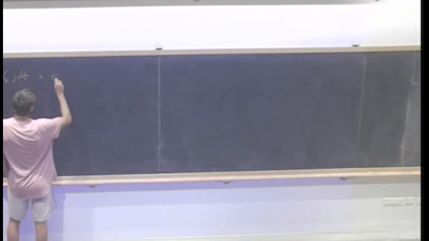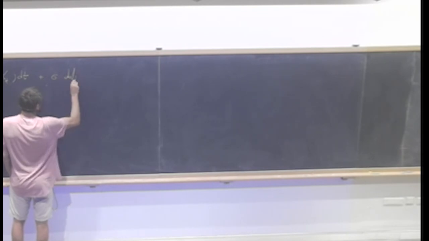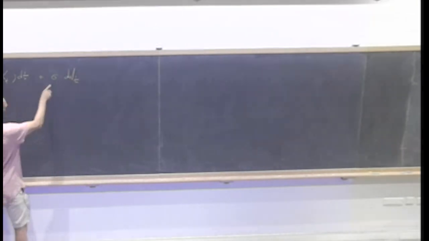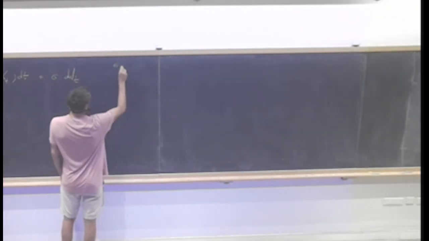Suppose that you have a dynamical system that's governed by an SDE. So for the moment, I will assume that this is time independent and that sigma is just a real number.